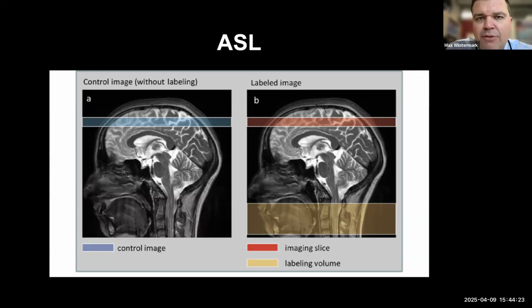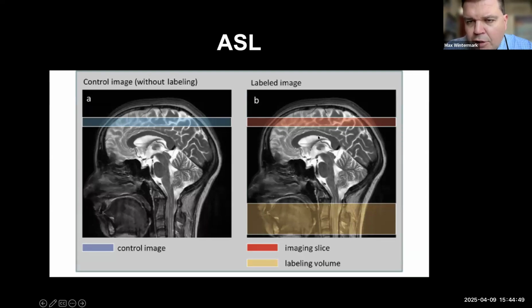So ASL stands for arterial spin labeling. Rather than a contrast agent, we use the patient's own blood as a contrast agent. And the way ASL works in a nutshell is you first take an image of the brain at baseline. Then you magnetically label the blood in the neck of the patient, in the carotid arteries.